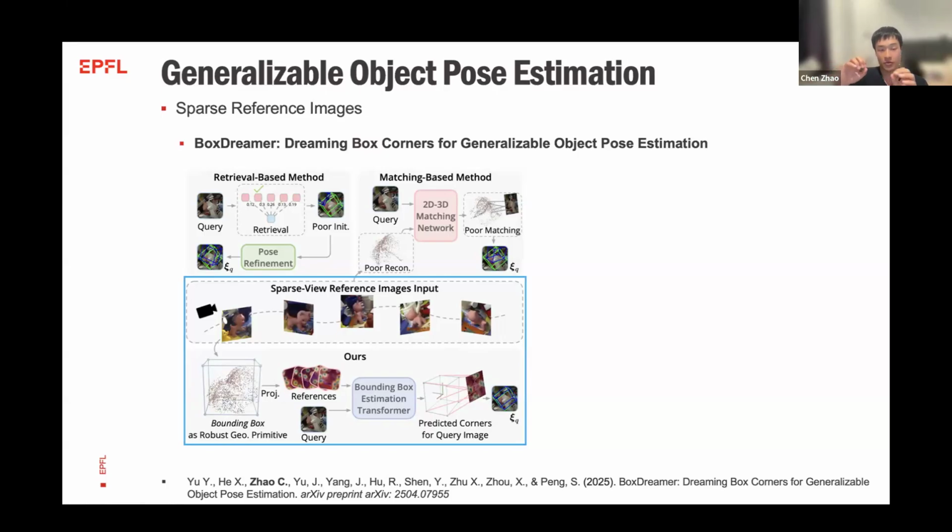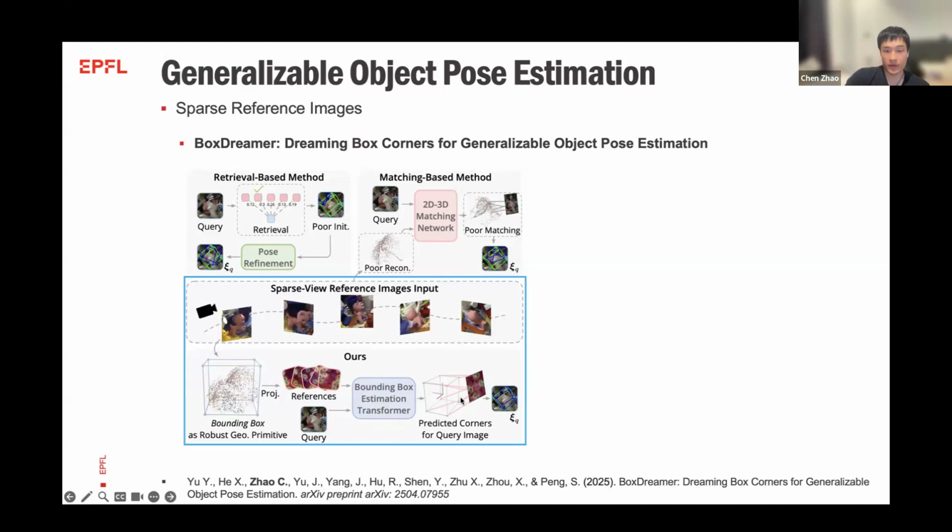After that, we project the 8 corners of this 3D bounding box to the reference images. And then we have a bunch of projected maps. For each image, we have 8 2D corners from this 3D bounding box, right? And after that, we have a transformer network that will learn a transformation from the reference to the query.